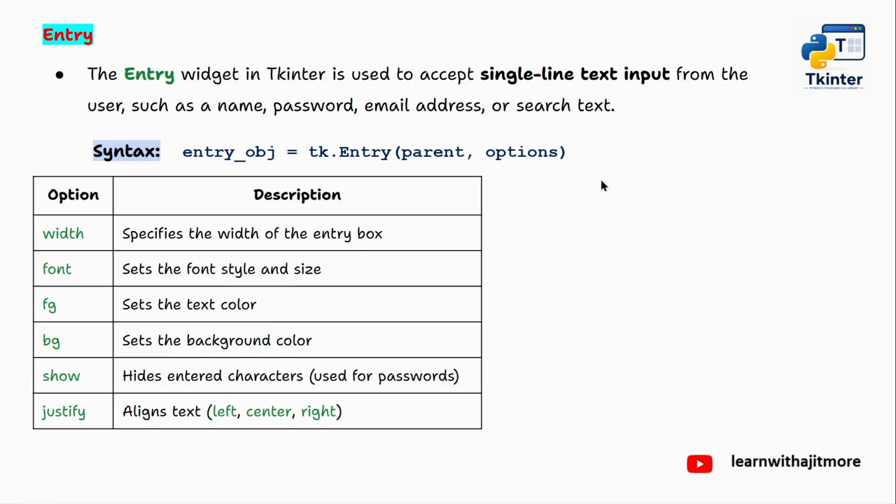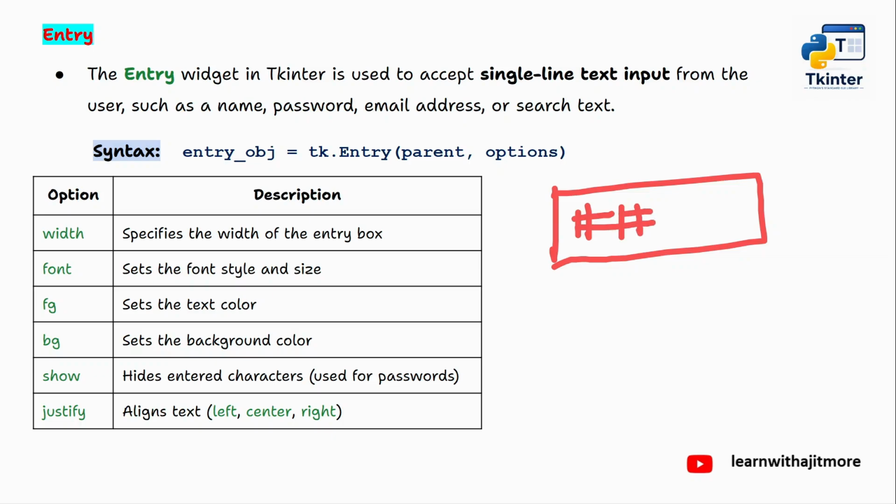Then suppose you want the text you're typing to be masked. Masked means hidden. Whatever you're typing in it should not be visible. Like though I'm typing NET, it is showing hash only, especially when you're typing passwords and all. So at that time, whatever you type, it should be masked. Then use show.